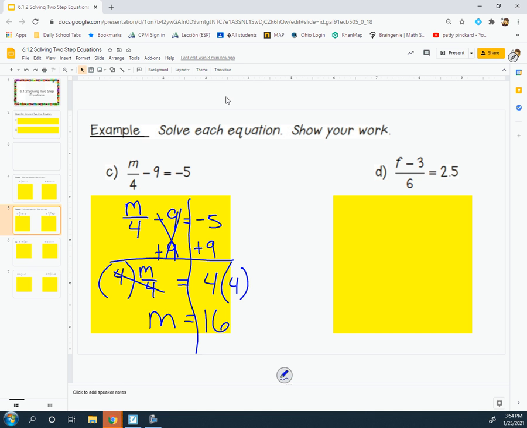So these are a little tricky because we have to imagine that there are parentheses around the top. So we're still going to undo the order of operations, but this time we're going to do the division undo before we do the subtraction undo because it's like the top is in parentheses.